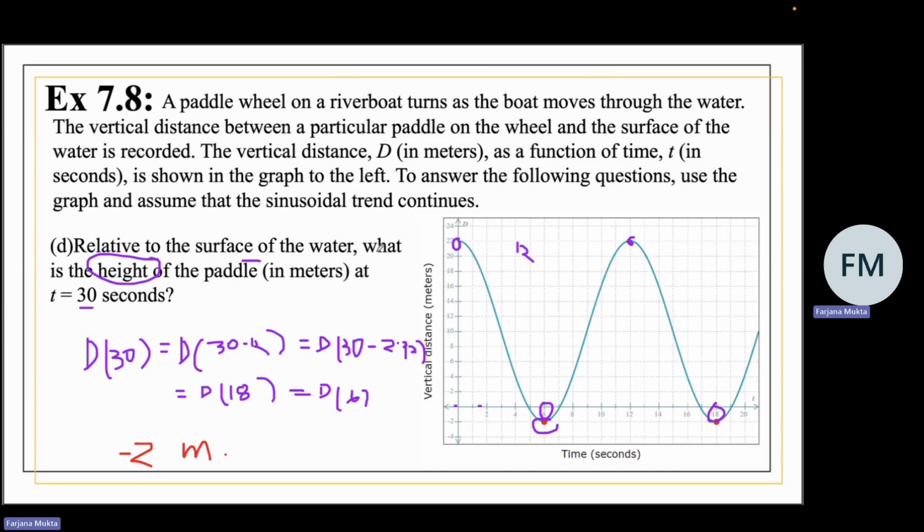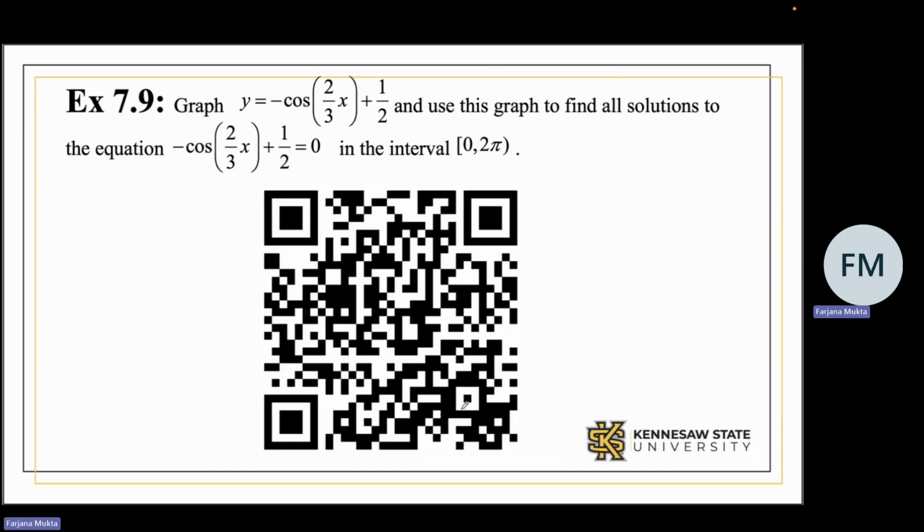Relative to the surface of the water, the height is -2 meters at the time 30 seconds. I hope it makes sense. Okay. All right. That's just another example.